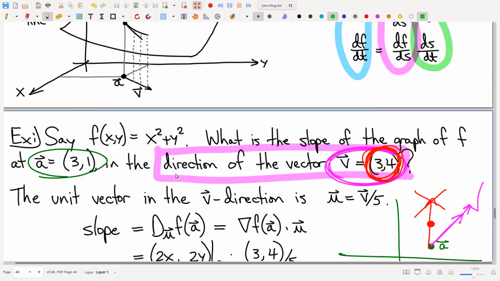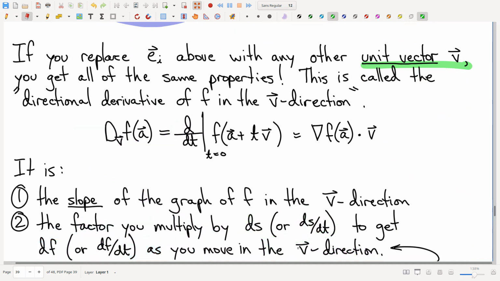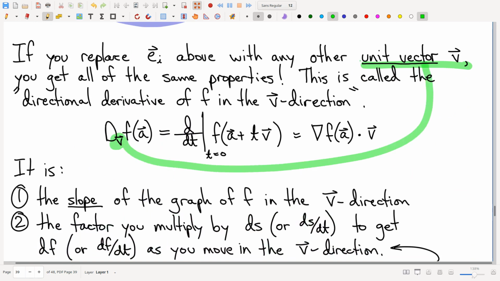Now you'll notice I very specifically, and I want to emphasize this, have defined directional derivative only where this is a unit vector. It's got to be a unit vector. The argument that I made here to be able to borrow all of those interpretations from partial derivatives required this to be a unit vector.